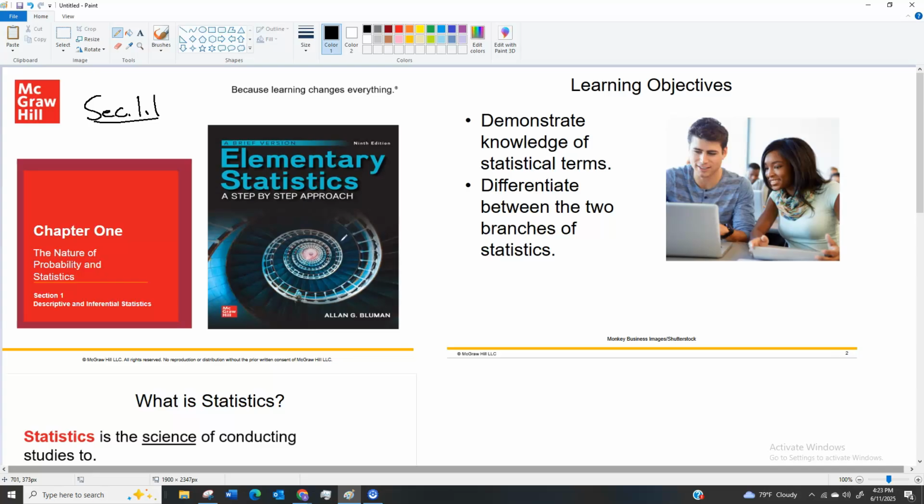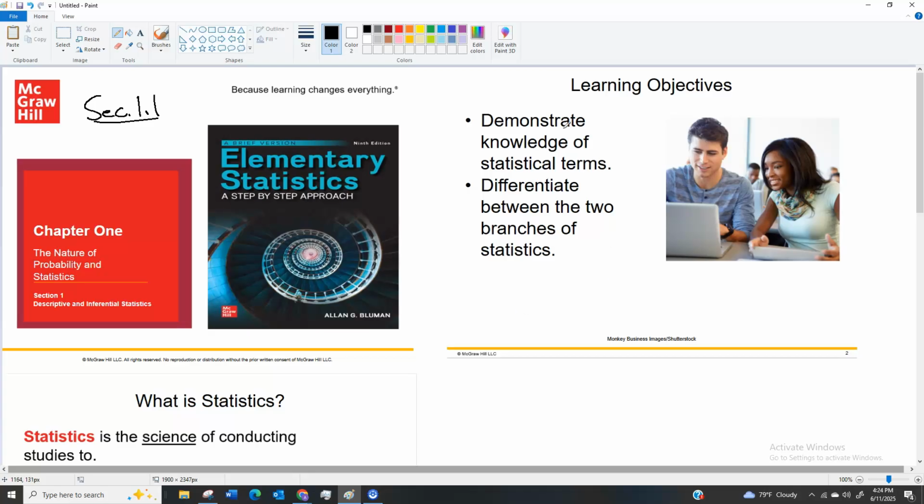Within our homework system, Alex, you have a full ebook of this textbook. So we're using the 9th edition of the Bluman textbook, a brief version, elementary statistics. Again, if you have access to Alex, the homework system, that has the entire ebook in it.